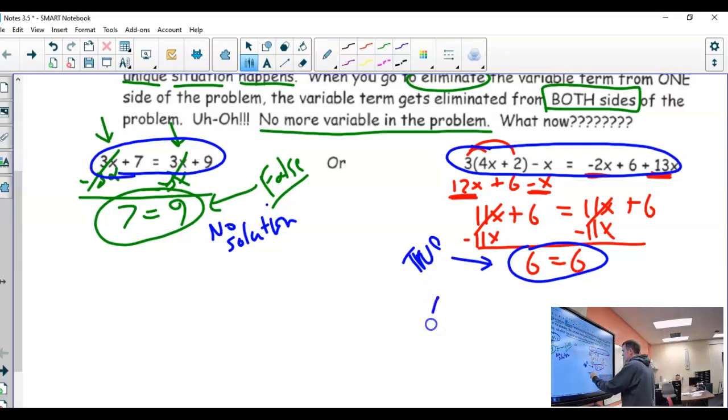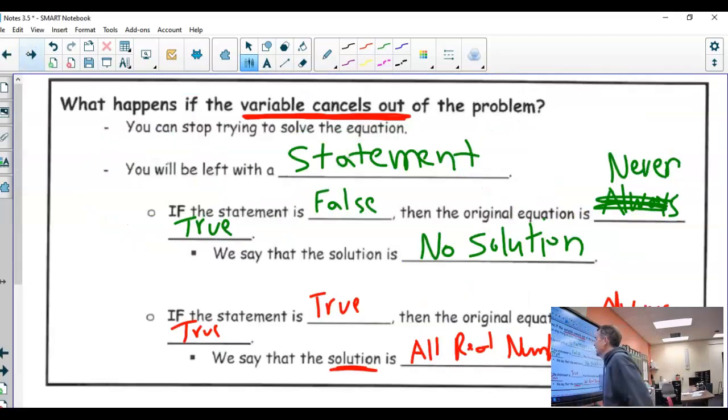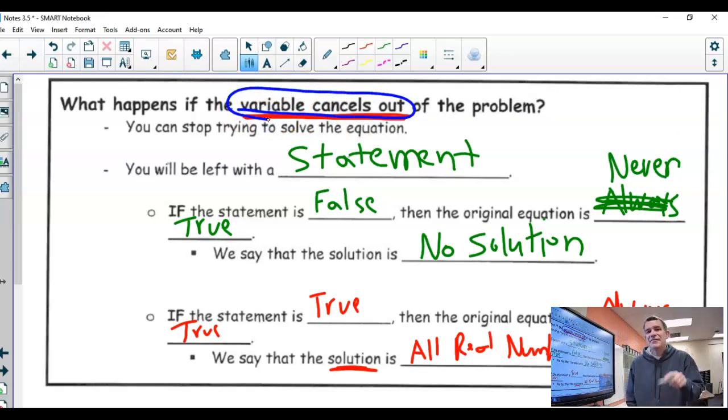And so the solution is all real numbers, which basically means every number is a solution, right? All right, so these are the two things that can happen if the variable cancels out of the problem. It's always one of these two answers if the variable cancels out of the problem.